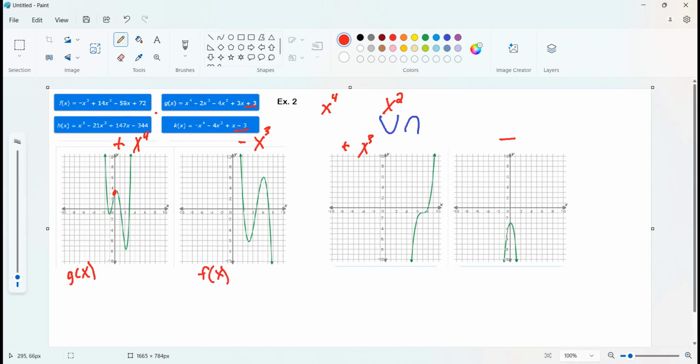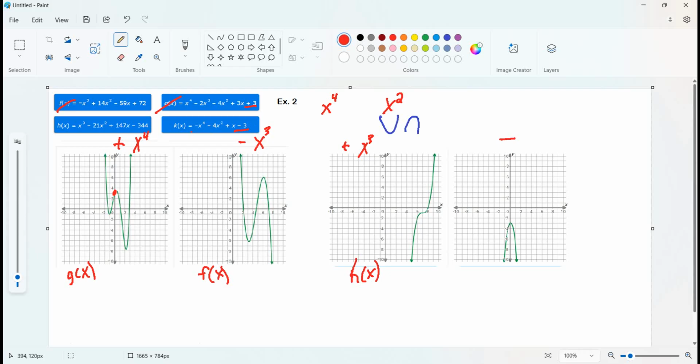Then, let's see, we did that one, we did that one. This is another cubic, so you know it's not that one. It's a positive cubic, so this one is the h function. That's an h, not an n. This isn't easy, so don't judge me. And very last one, obviously.